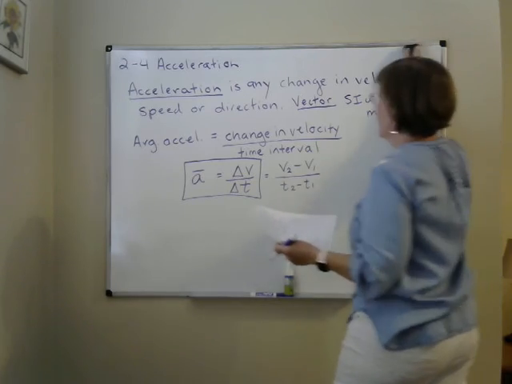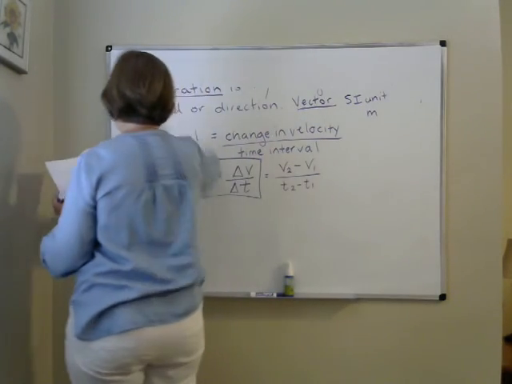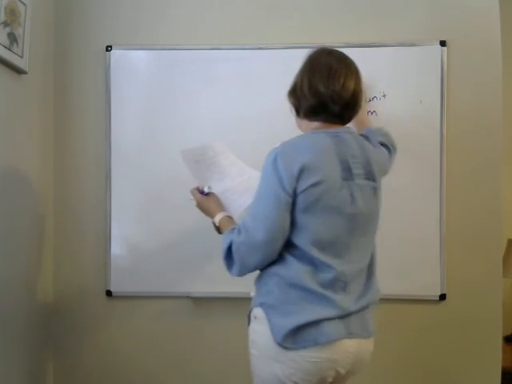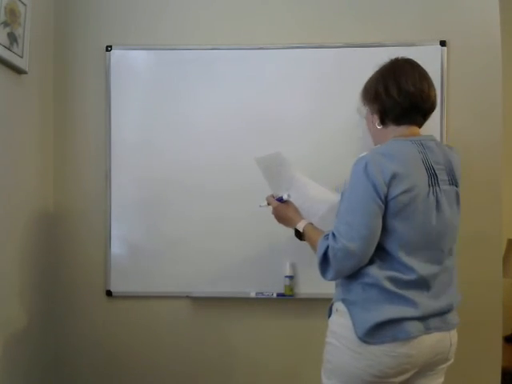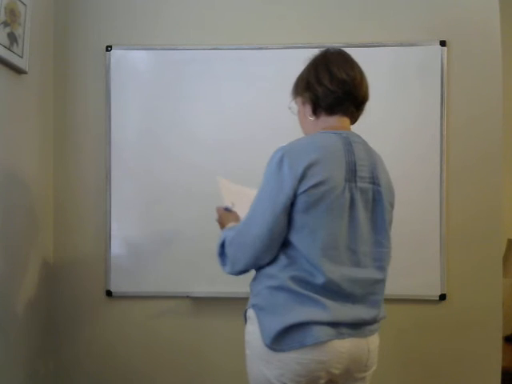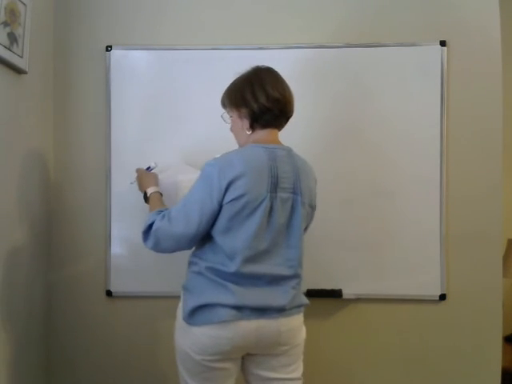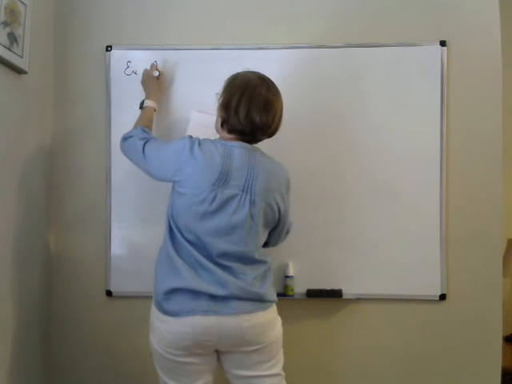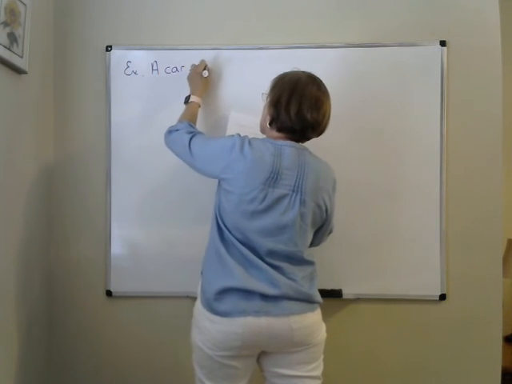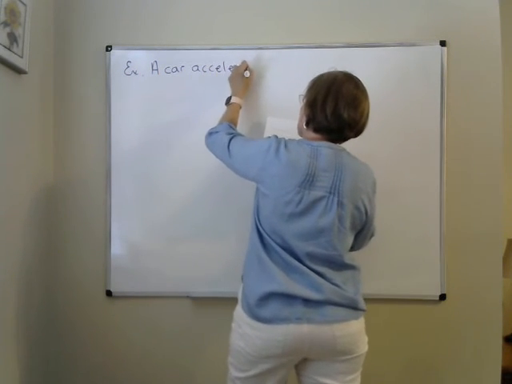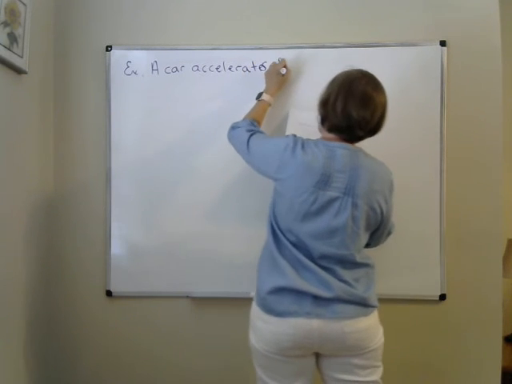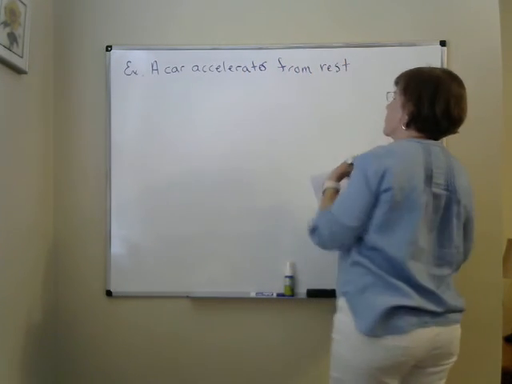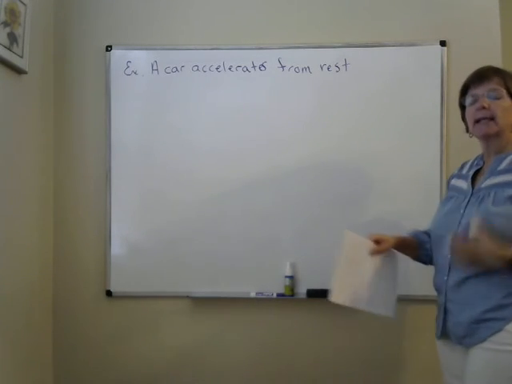Let's do an example of an average acceleration problem. A car accelerates from rest. Notice when it starts from rest, that's another way of saying the beginning velocity is 0.